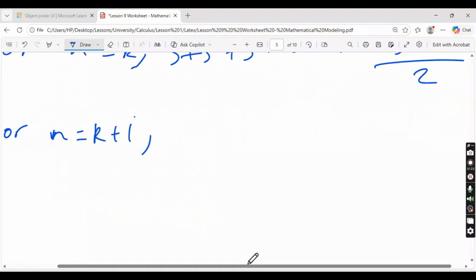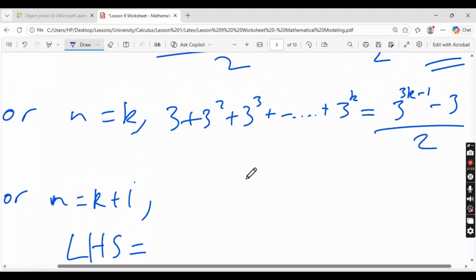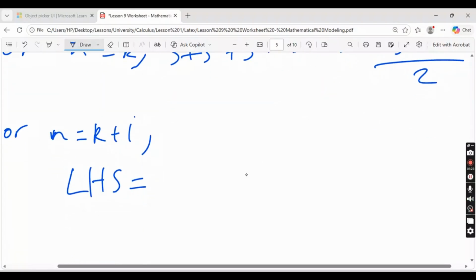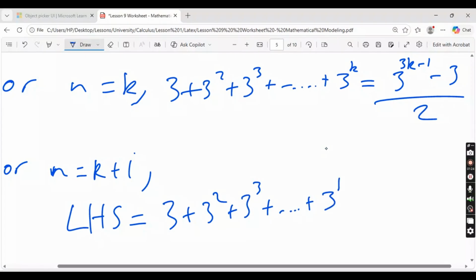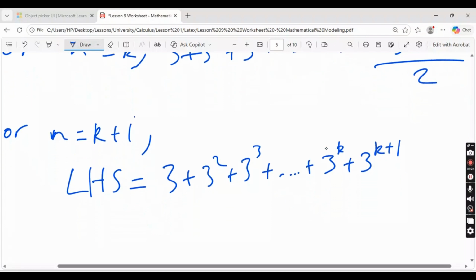Then we write the left-hand side is equal to 3 plus 3 squared plus 3 cubed plus ellipses plus 3 to the power of k plus 3 to the power of k plus 1. Yes, correct. Okay, what do we do now?